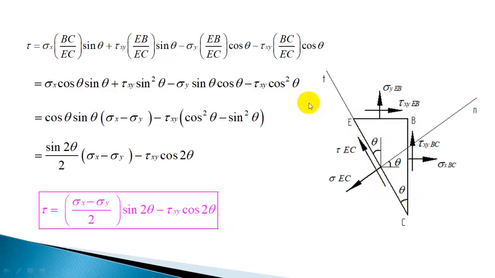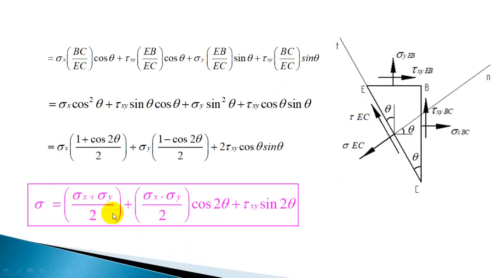So when you take any section plane, you can find out the normal stress and shear stress acting on that plane. The normal stress we have seen: sigma x plus sigma y by 2 plus sigma x minus sigma y by 2 cos 2 theta plus tau xy sin 2 theta.